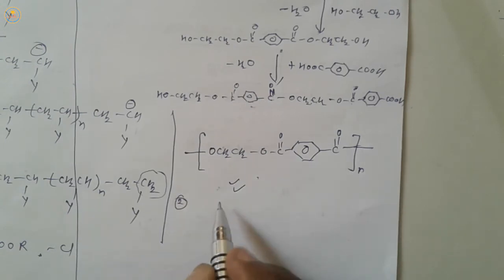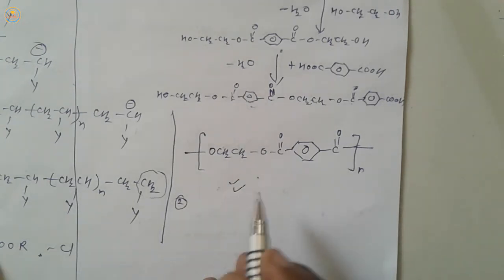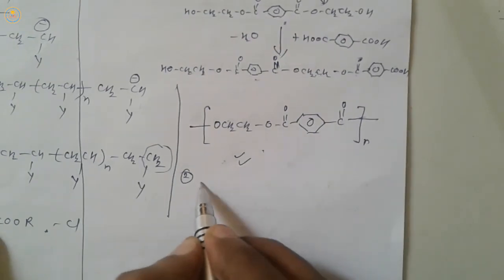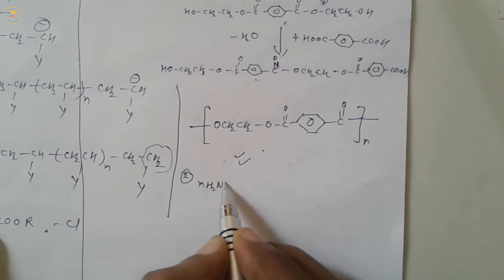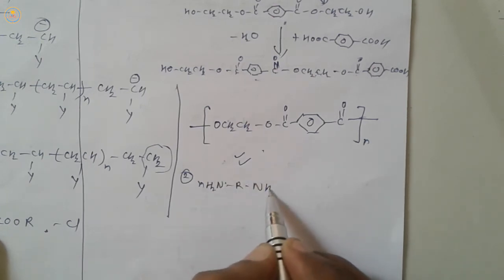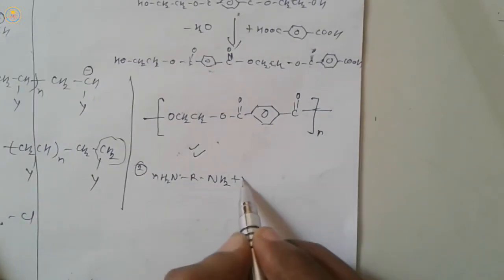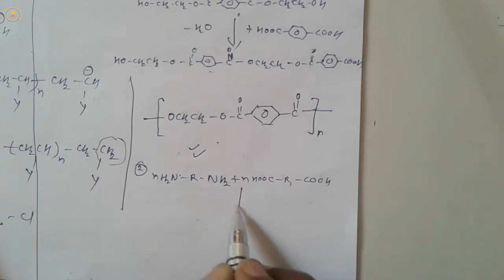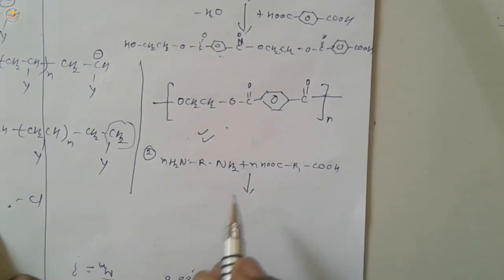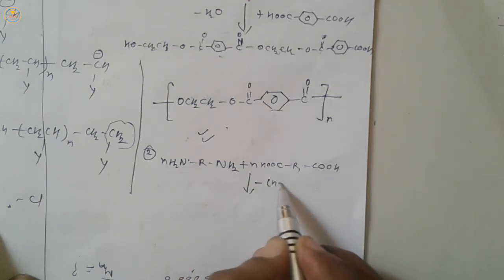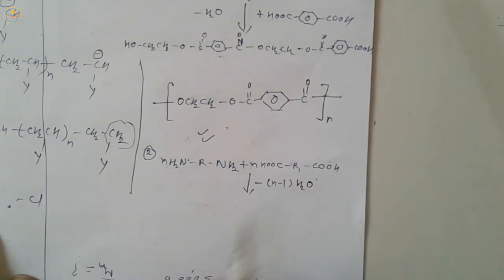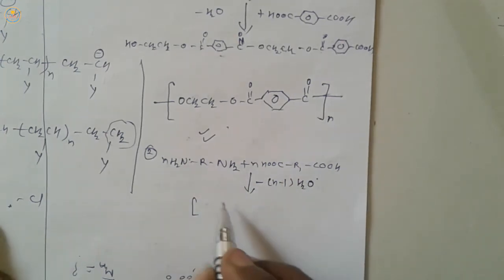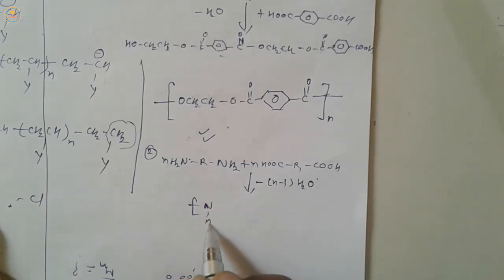Now next, second example, formation of polyamide, meaning nylon, by diamines and diacids. So a unit of diamine and a unit of dicarboxylic acid or diacid. After removal of N-1 water molecules between monomer units, polyamide is formed.